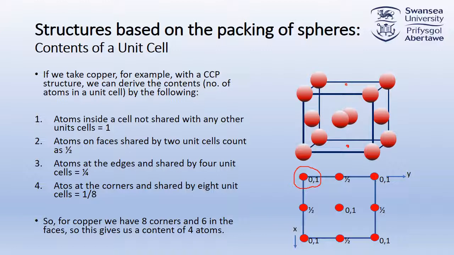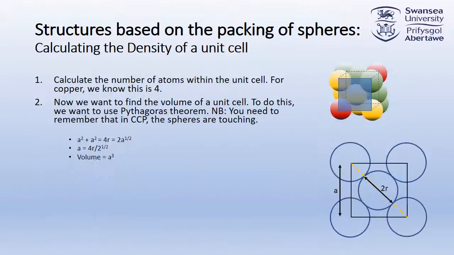Here we have just an atom sat halfway up, and here we have a cell sat in the bottom and the top layer. Okay, and you can follow that through. It's just a different way of representing our unit cell.